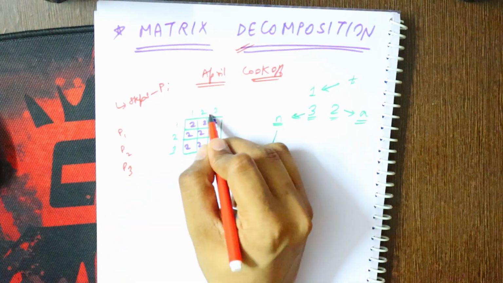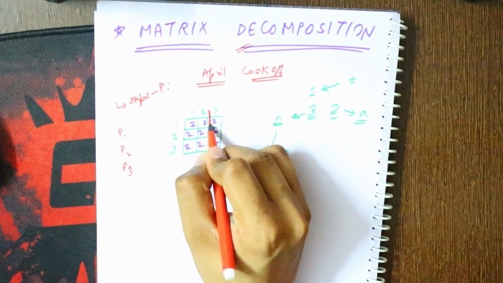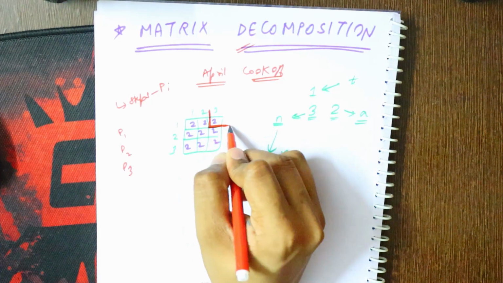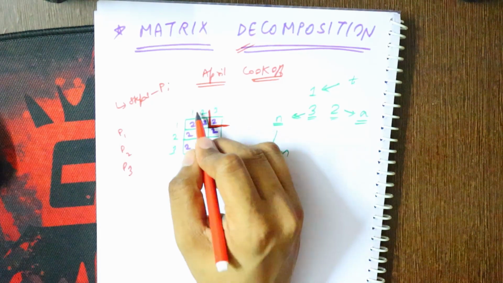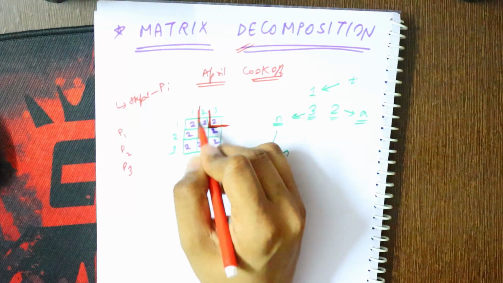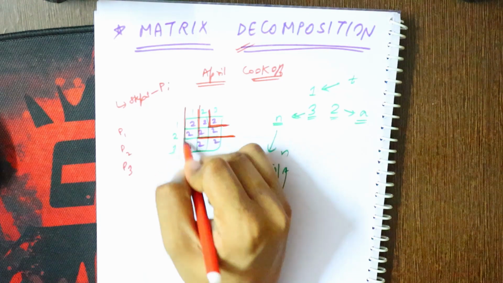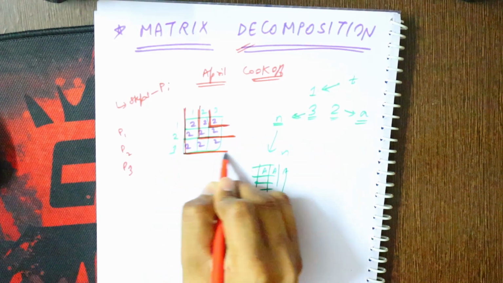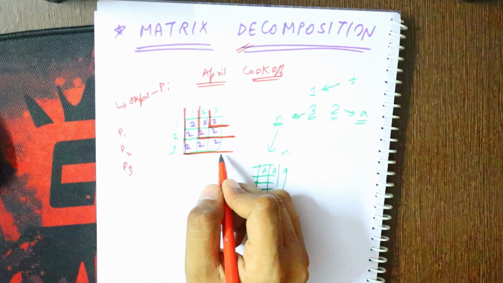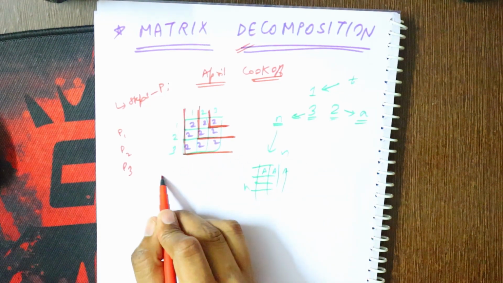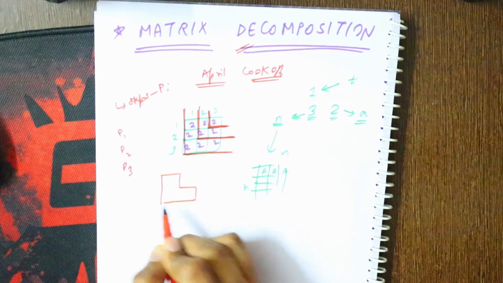So in the first step we will remove this element. After that, at step 2 we will remove this element. After step 3 we will remove this element. Understanding? So when we remove the first element, what remains is this.